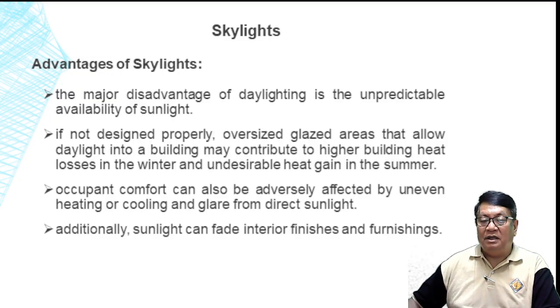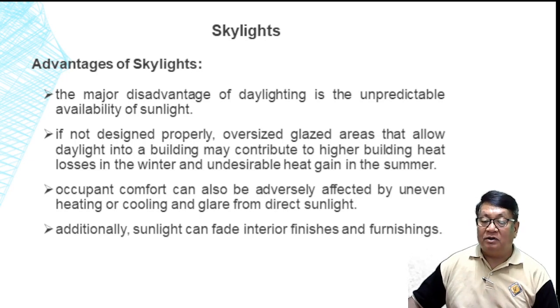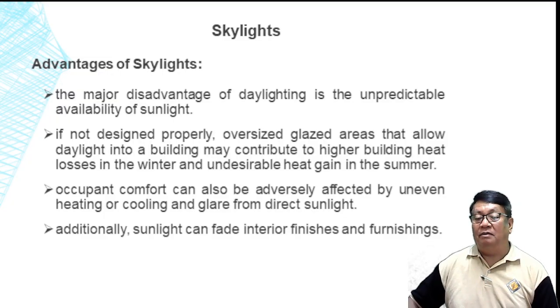Major disadvantage of daylighting is the unpredictable availability of sunlight. If not designed properly, oversized glazing, and so on. Okay? Occupant comfort can also be adversely affected by uneven heating or cooling and glare from direct sunlight.